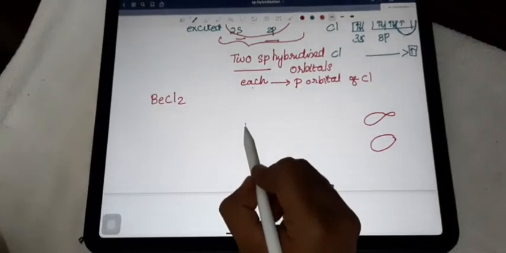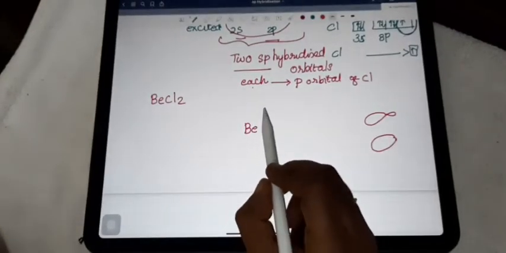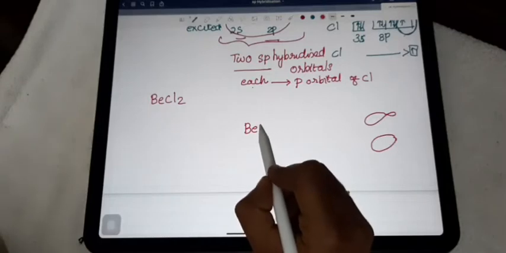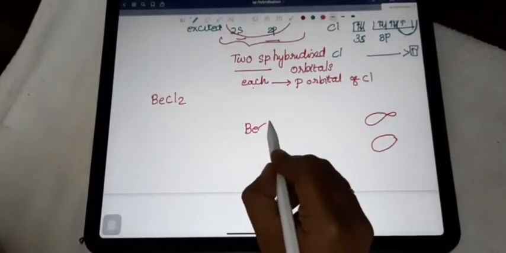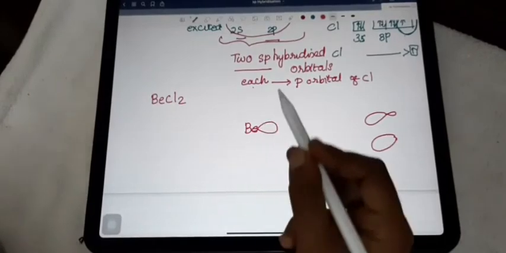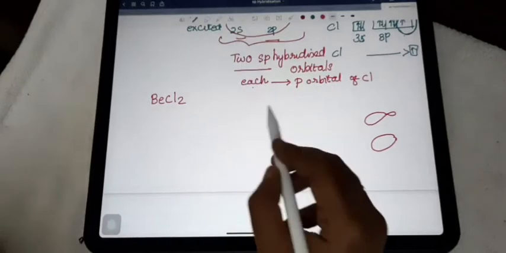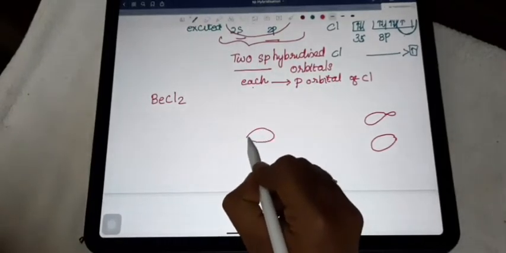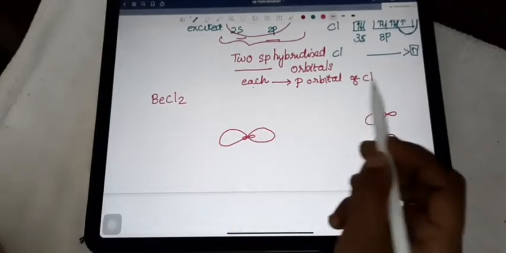So for BeCl2, you know there are 2 sp hybrid orbitals. Around beryllium, you can draw a big one and a small one, but for our listeners we will not draw the central atom, only the hybrid orbitals, it's enough. So this is one of the hybrid orbitals and this is another hybrid orbital.